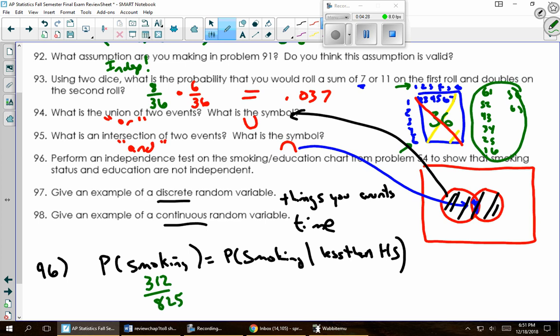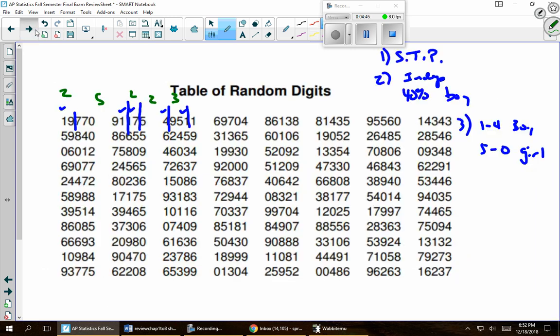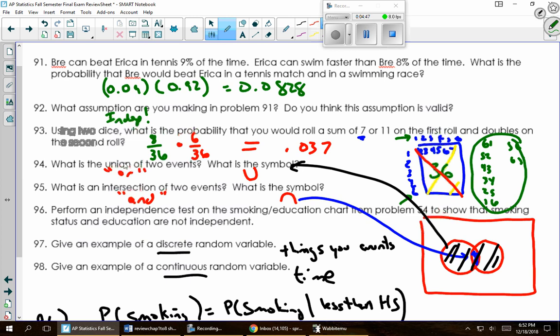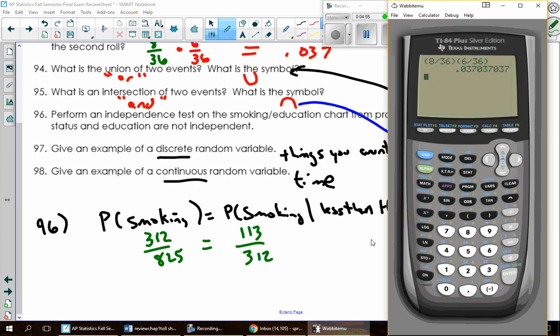And now I want the probability you smoke given that you went to less than high school. So back here again, it's the probability you smoke, one of these people, but this is a person who did not complete high school. So it's 113 out of 312. Now maybe you can check the equivalence of those in your head. I'll grab a calculator real quick and go 312 divided by 825, and that's 0.378.